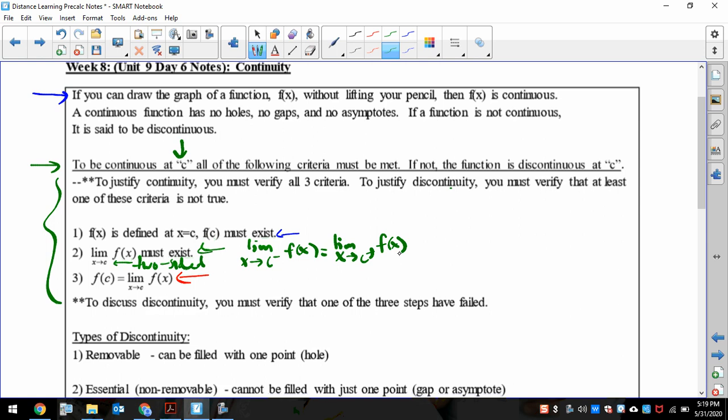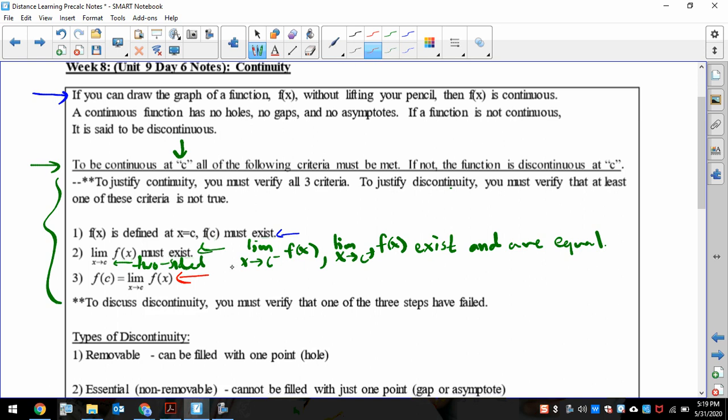Another way this is usually stated is they both must exist, which means the limit goes to a specific value, a number, and are equal. So the limits exist and are equal.